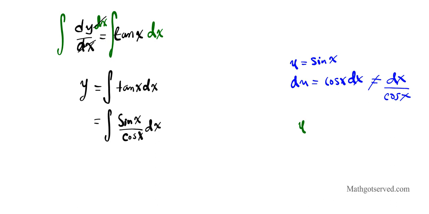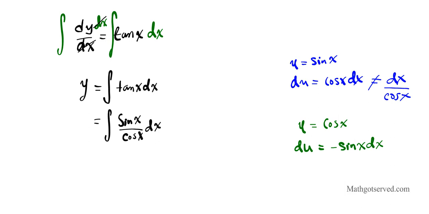What if I let cosine x be my u? Do I get the other function times dx? So du is going to be negative sine x dx, which is perfect, right? You can resolve the sign by dividing both sides by negative, and that will make negative du our substitution. So we can use substitution here, because if I pick one function as u, the derivative is the other function multiplied by dx.